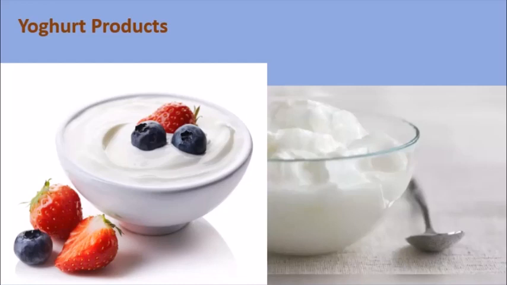Yogurt is a milk product, and it is produced with the help of lactobacilli. Sometimes we even add condensed milk or milk powder to it. Milk is first boiled, and once it cools and becomes warm, we add a few microbes.